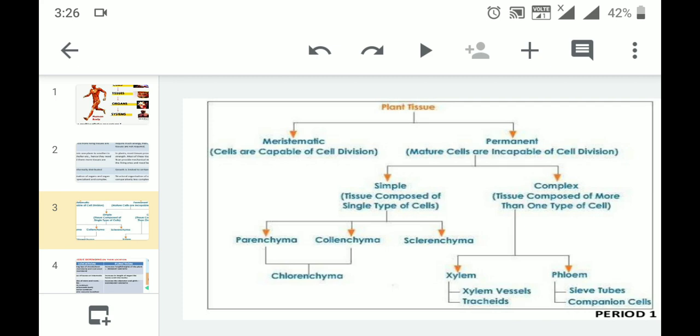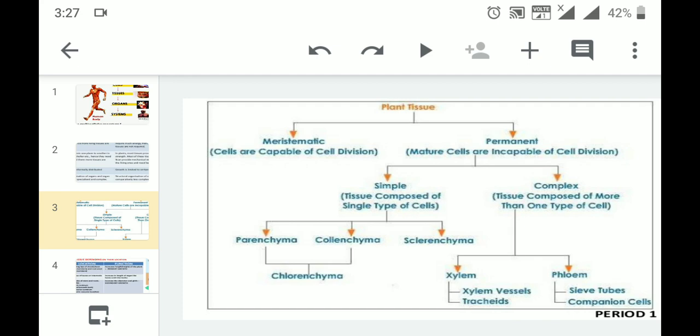Whereas in permanent tissues, mature cells are incapable of cell division. They include simple permanent tissues and complex permanent tissues. Simple permanent tissues are composed of a single type of cell, whereas complex permanent tissues are composed of more than one type of cell.